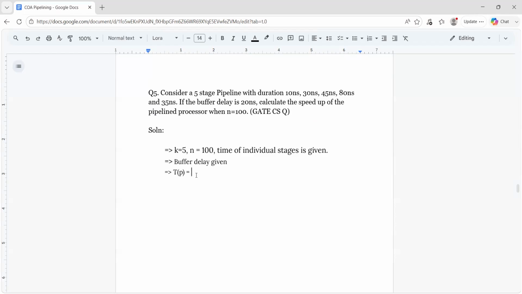So the time of pipeline will be 200 plus n minus 1 instructions into 100, and then the time of non-pipeline would be the total number of instructions into the total sum of all the individual times, which I get as 100.